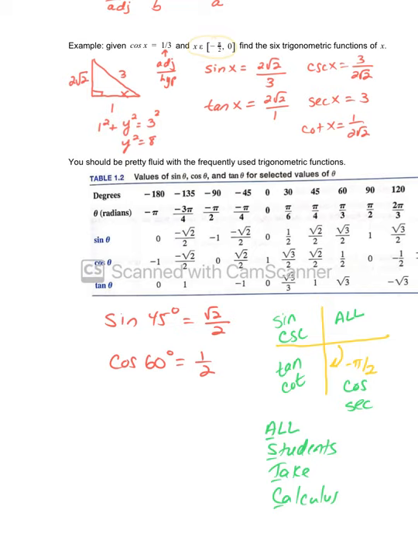So if I'm talking about the fourth quadrant, the only answers that I got up above that should be positive should be cosine and secant, which they gave us cosine and we found secant. All of the rest of these should all be negative because they are being placed in the fourth quadrant, which makes them negative.